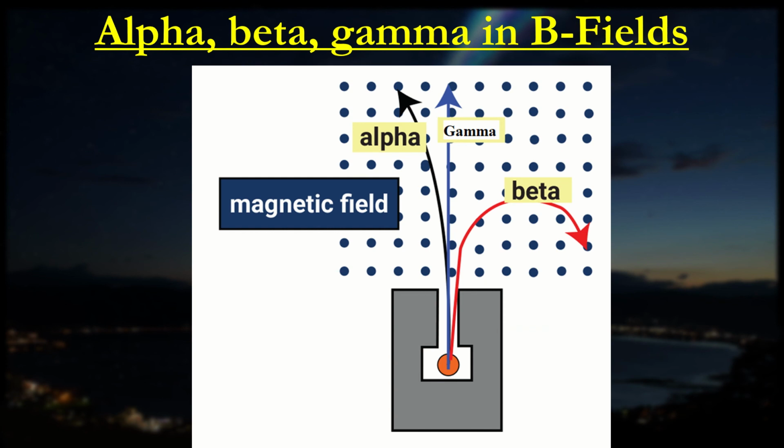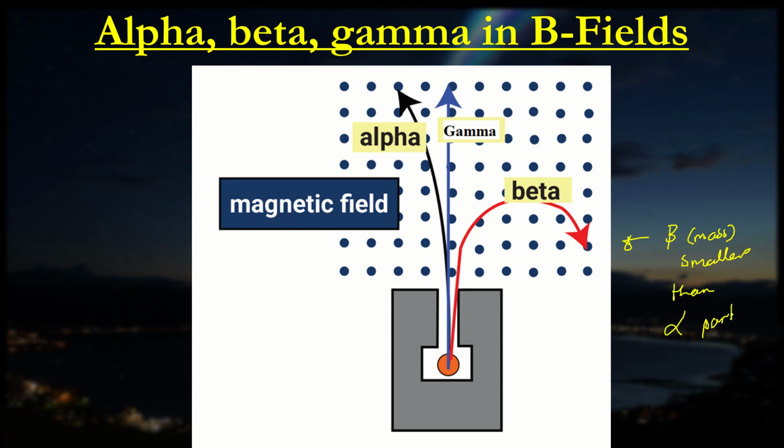Another one is looking at magnetic fields. You can see from this diagram here, again, the beta bends more than the alpha because beta has a smaller mass than the alpha particle.